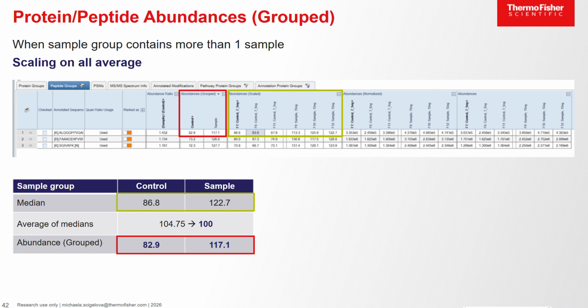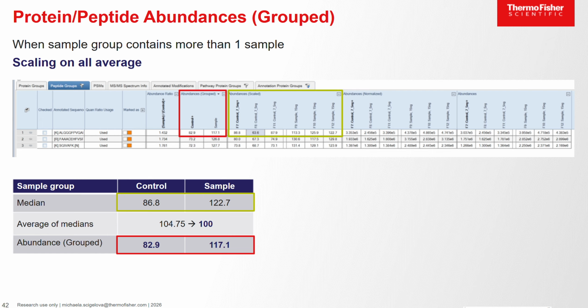So value 86.8 for controls and value 122 for the samples, but that's not the end of it, because the scaling steps in yet again and rescales those values to the average of the two. So it just makes it a bit tricky to then find your way around.